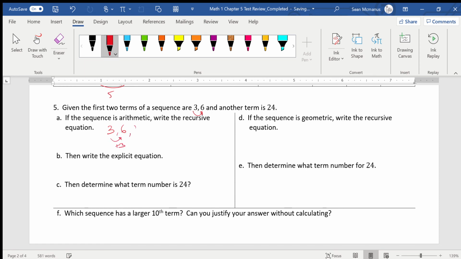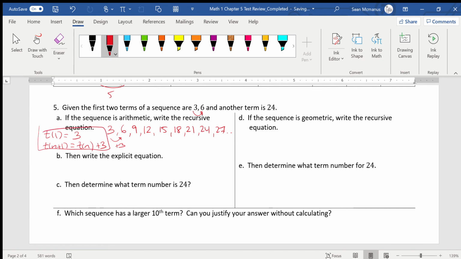So it'd be 3, 6, 9, 12, 15, 18, 21, 24, 27, right, keep going. So the recursive formula, t of 1 is 3, and after that, the next term is the current term plus 3.